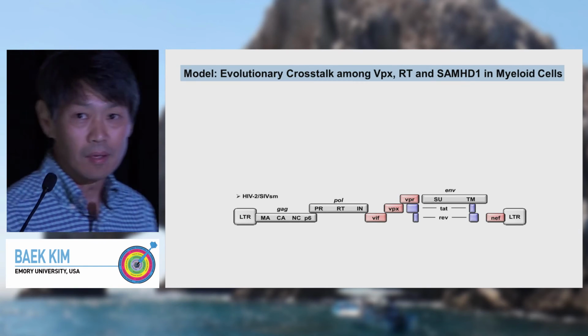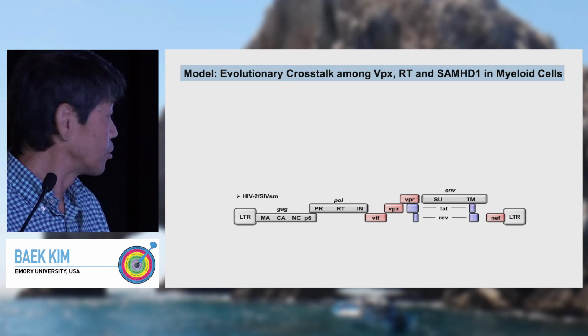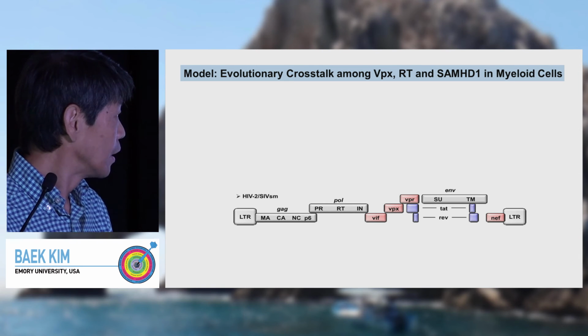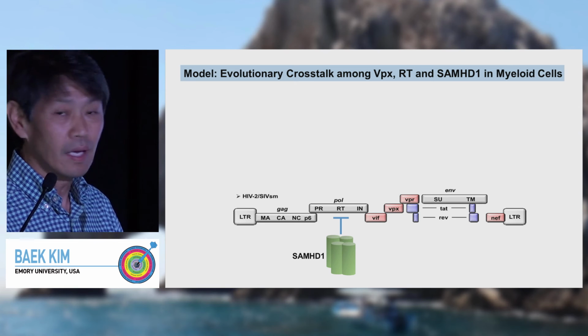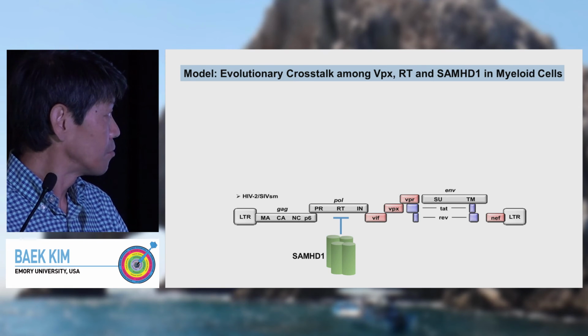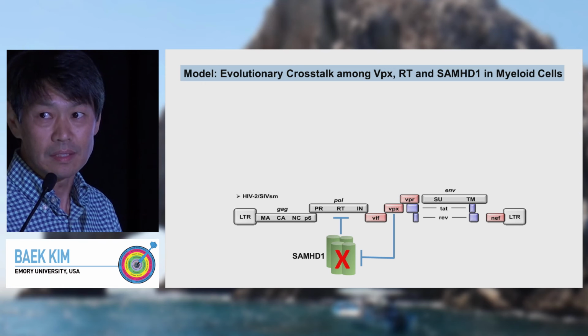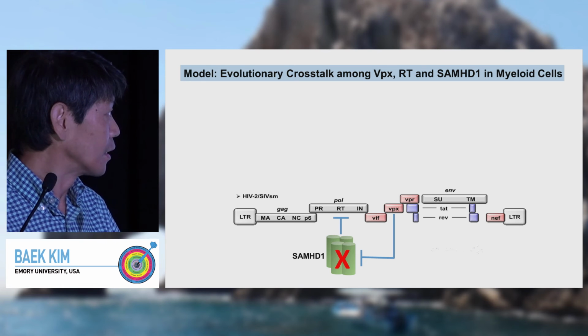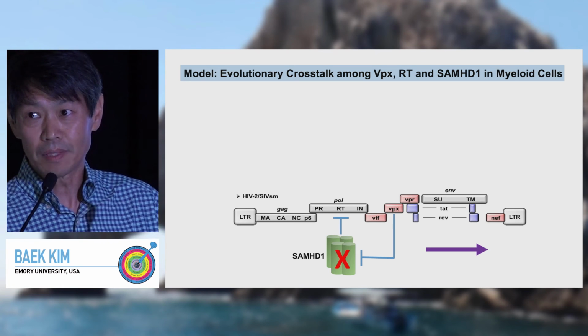So this is the final summary. When HIV-2 infects the myeloid cell, SAMHD1 comes and suppresses reverse transcription, VPX comes and degrades SAMHD1, elevates the dNTP, and then replication can happen very rapidly.